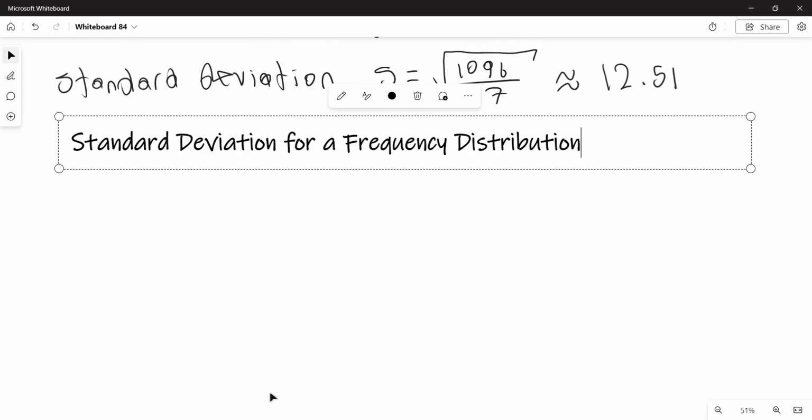Okay, so I'm going to copy the next problem. Okay, there it is.